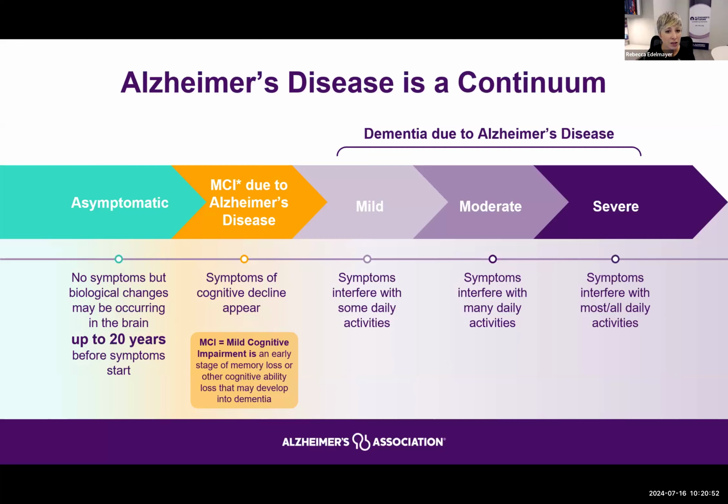And that's stages of the disease then broken out into mild, moderate, and severe, where symptoms will become more and more, they will be interfering with some activities of daily living until an individual loses a lot of independence over time, where their symptoms are interfering with most activities of daily living. And it's important to understand that, again, these diseases occur across a continuum, but while we're doing the research to better understand the disease itself and how it progresses, we also are developing treatments that may work at different stages of the disease process and for different individuals.